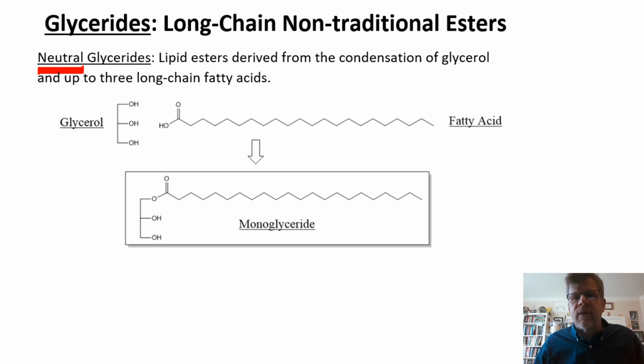It should be obvious, but we're going to look at some charged glycerides down the road that differentiate themselves from neutral glycerides. So that's why we term these neutral glycerides. As a definition, neutral glycerides are lipid esters, as we saw before, derived from long-chain fatty acids, derived from the condensation of a special type of alcohol, and that is known as glycerol.